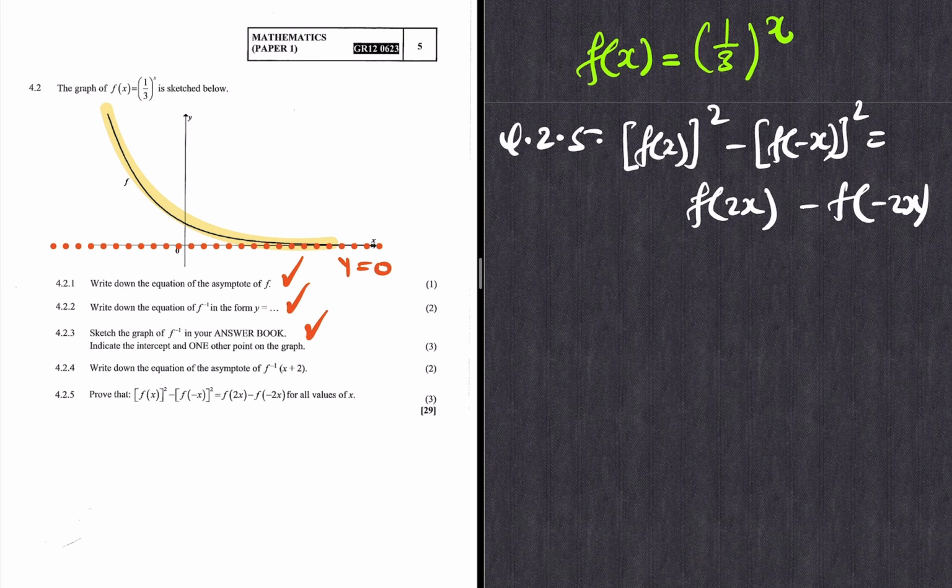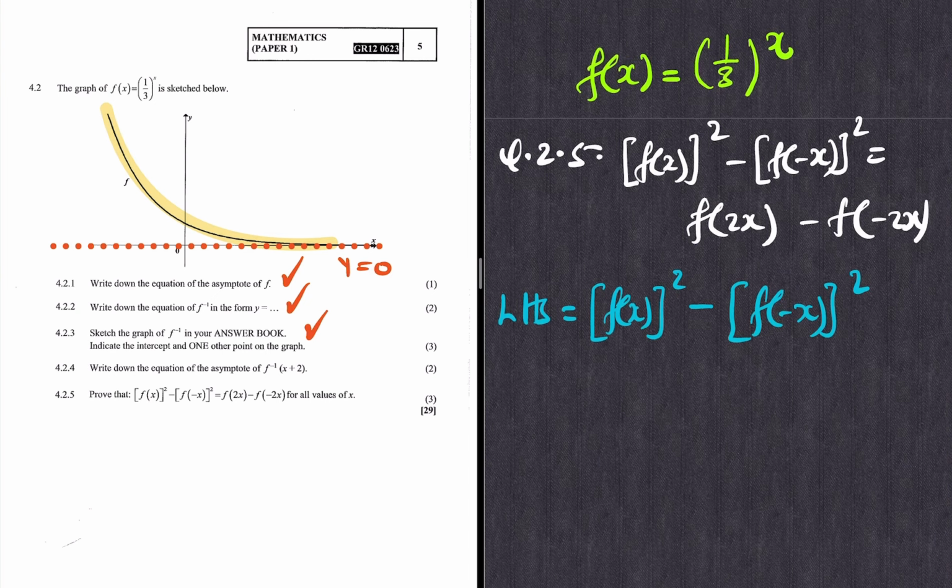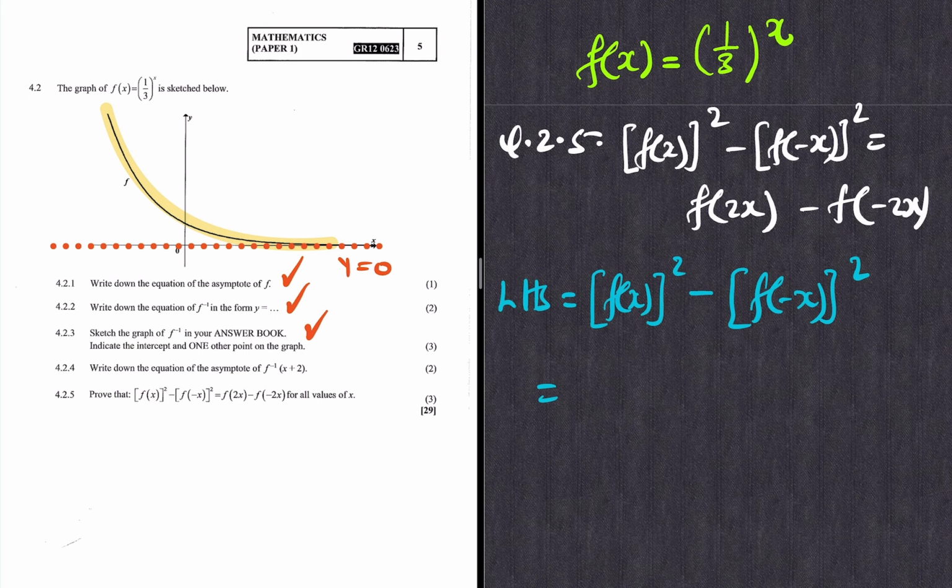Now let's check very quickly. I will say the left hand side is equal to this portion. Let me copy that. So that is f of x raised to the power 2 minus f of negative x, and then you square that. So let's square f. What is our f? Our f is 1/3 to the power x.